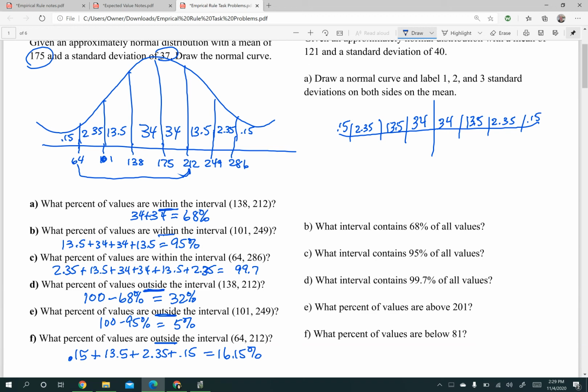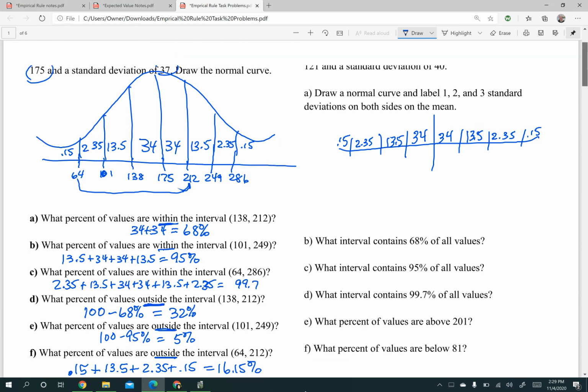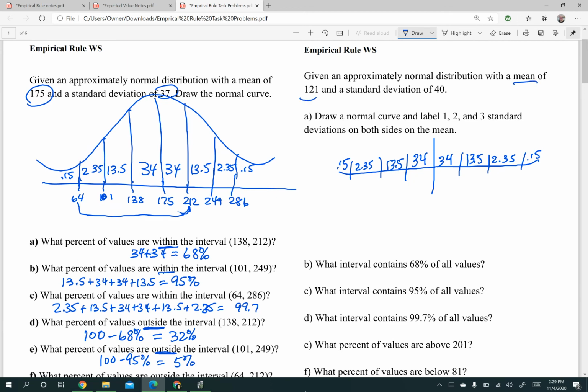Okay. And then it says that we have a mean of 121 and a standard deviation of 40. So 121. So we're going to add 40 over here, 161, 201, 241. We're going to subtract 40 over here, so 81, 41, and 1. And it says, what interval contains 68% of all values?